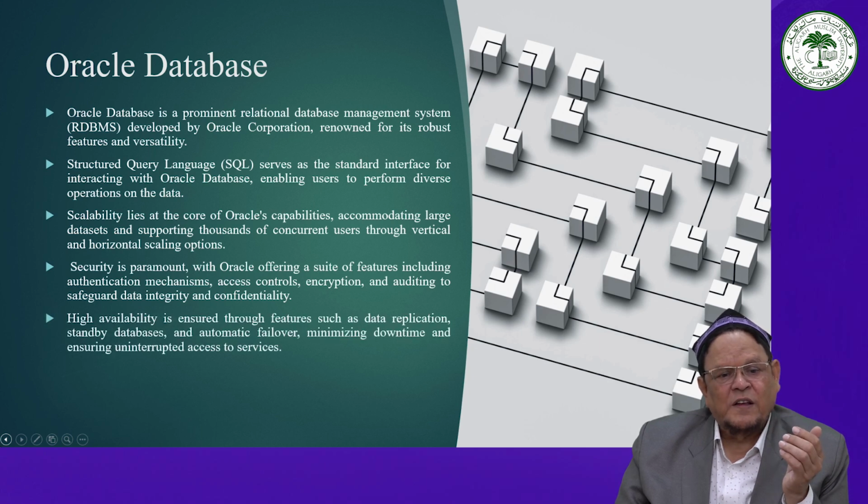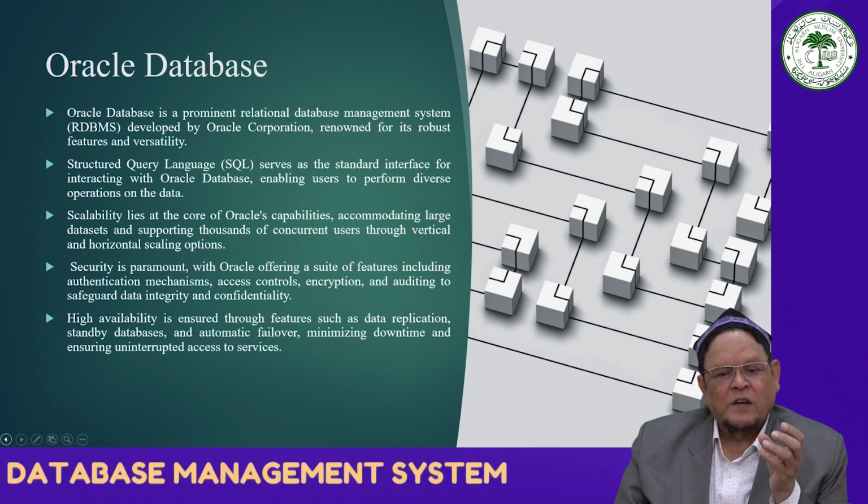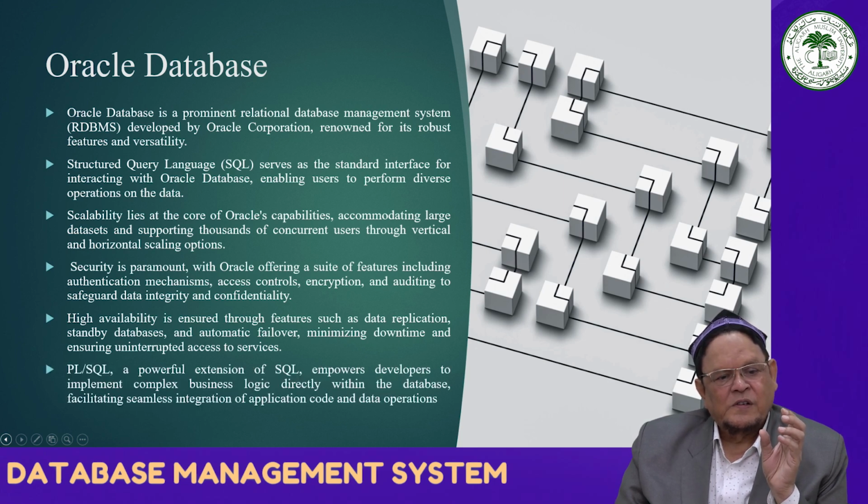High availability is ensured through features such as data replication, standby databases, and automatic failover, minimizing downtime and ensuring uninterrupted access to service. And the last is PL/SQL, a powerful extension of Structured Query Language.